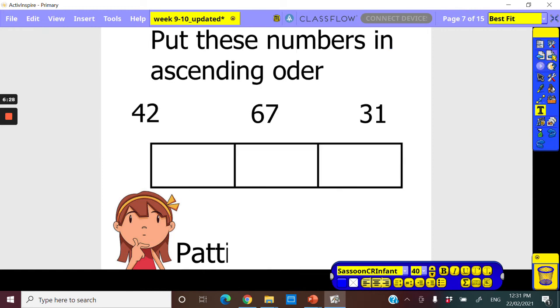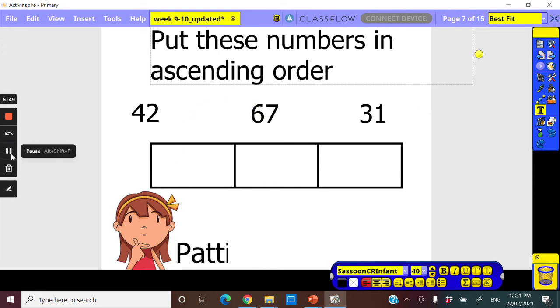Fantastic work. Put these numbers in ascending order. Ascending means smallest to biggest. Press pause while you put these 3 numbers into ascending order, smallest to biggest.